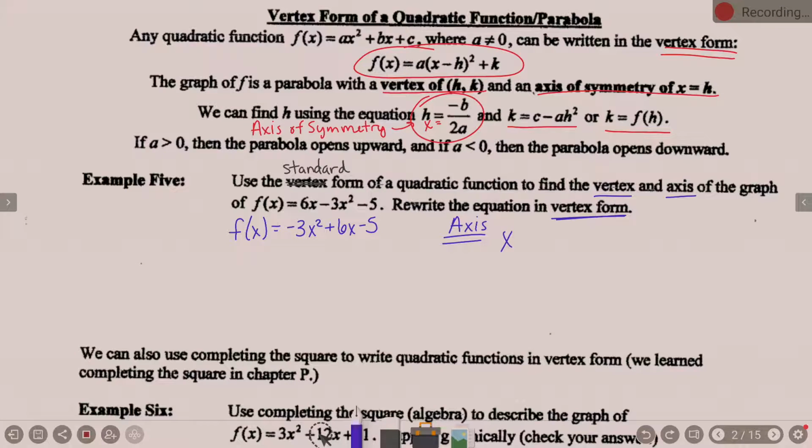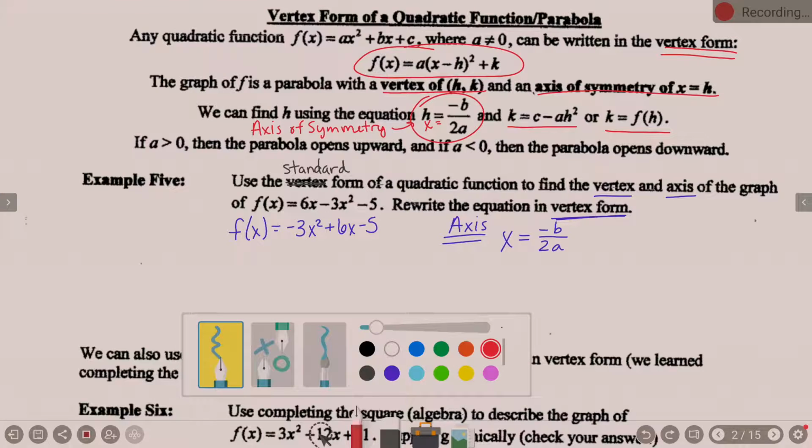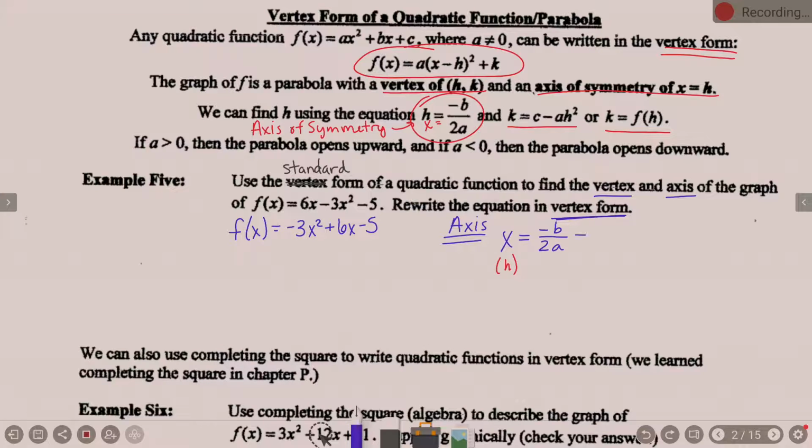I always say x equals negative b over 2a. If you prefer what they do up above, they say h equals negative b over 2a. So do the math. Negative of, what's b? 6 over 2a, 2 times negative 3.